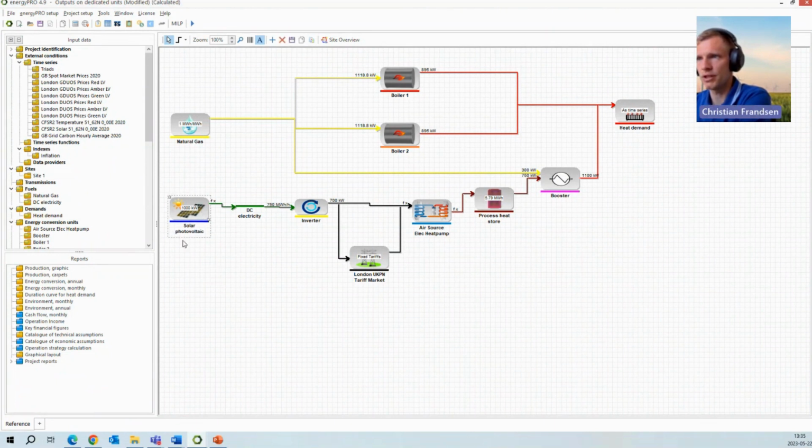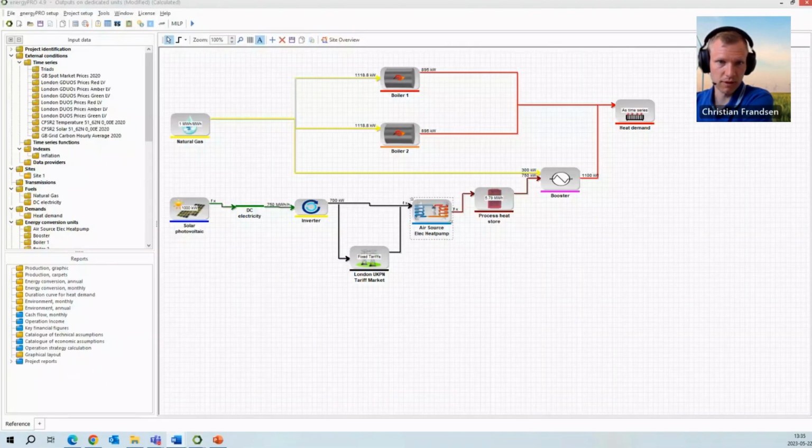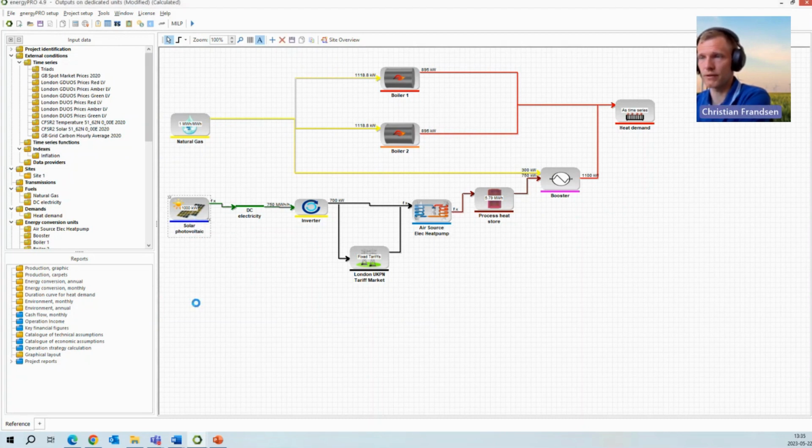On, for instance, the PV panels, but also on the electric heat pump. And it's not included in this one, but we also have it on our built-in solar collectors.